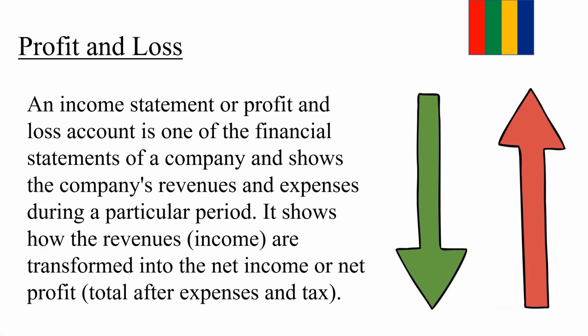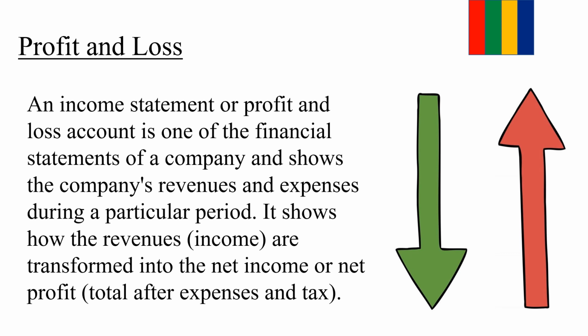So starting off with a profit and loss statement, also called an income statement. An income statement or profit and loss account is one of the financial statements of a company and shows the company's revenues and expenses during a particular period. It shows how the revenues, income, are transformed into the net income or net profit. The net profit and net income being the total after expenses and tax.